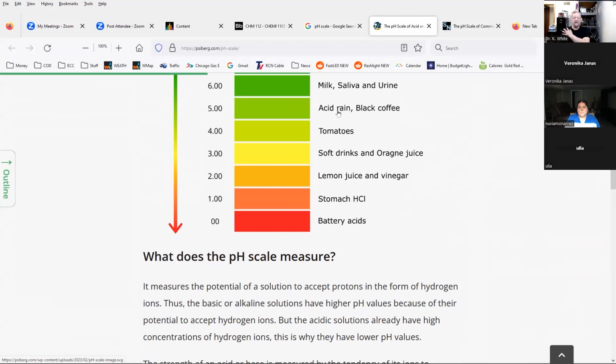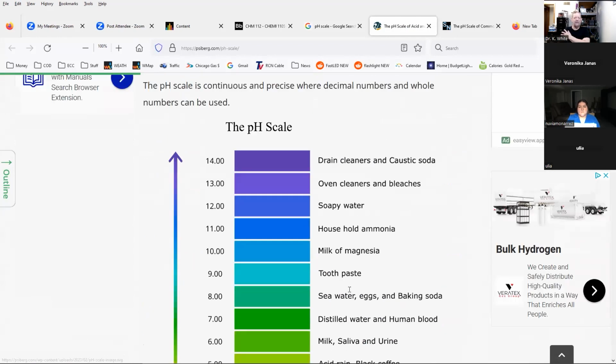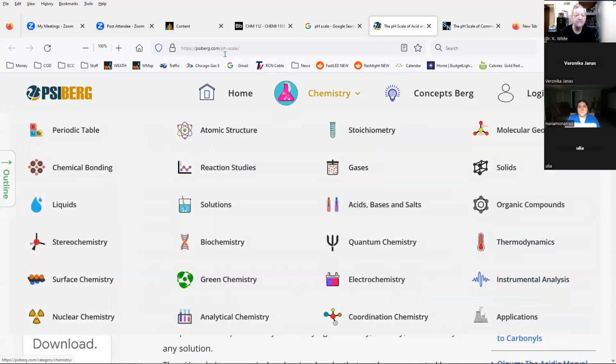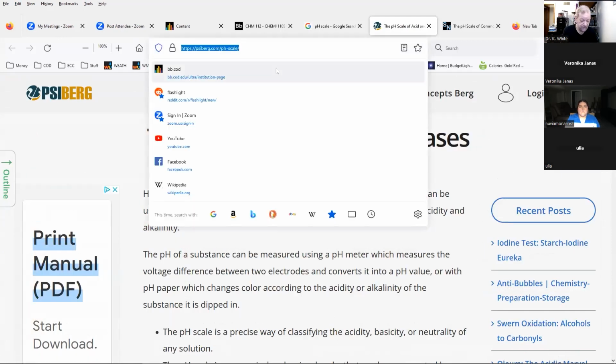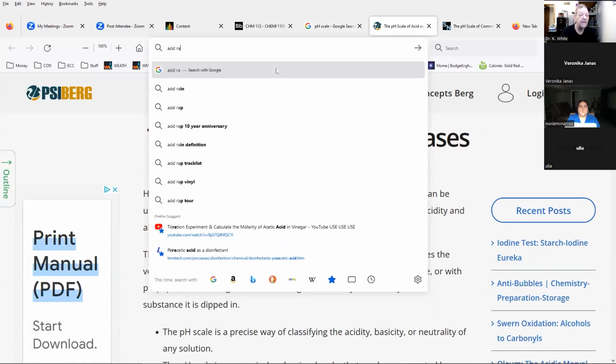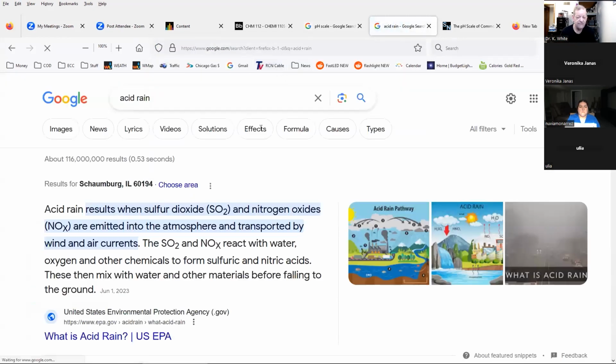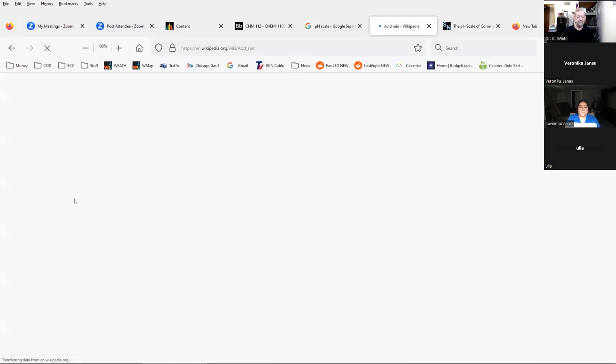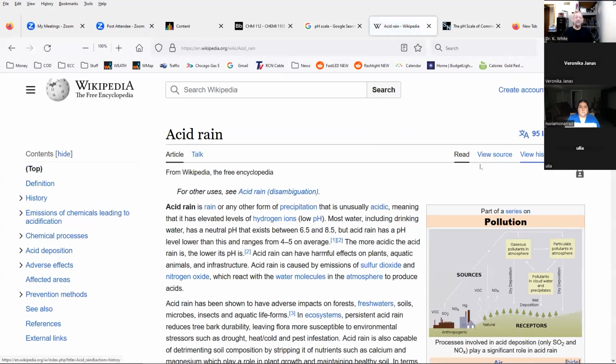Now, if you notice right here, there's something called acid rain. I should talk about that now briefly. If you look on there, the Wikipedia has a nice write-up of acid rain.